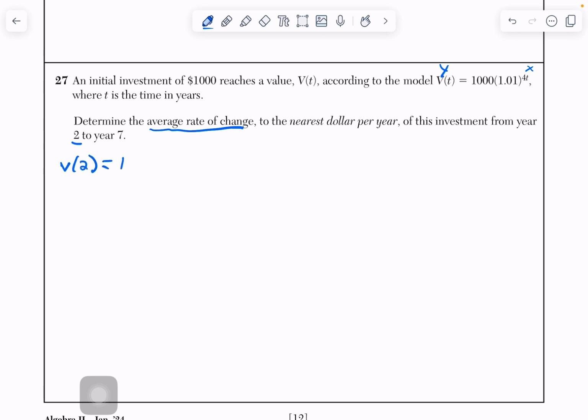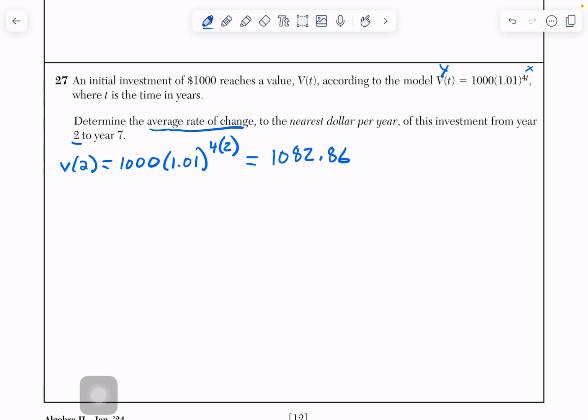V of 2 is 1,000 times 1.01 times 4 raised to the second power, which is equal to, again, you put it in the calculator just the way you see it, 1,082.86.